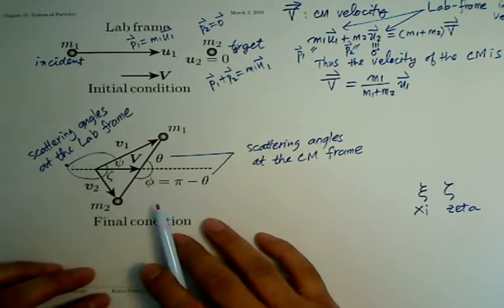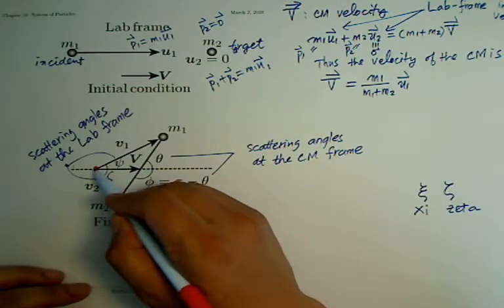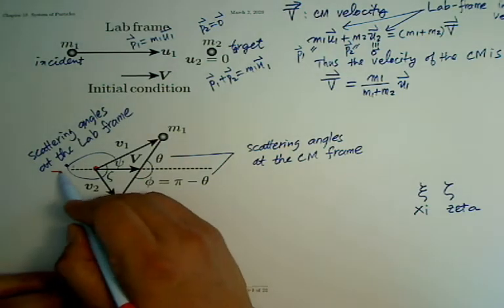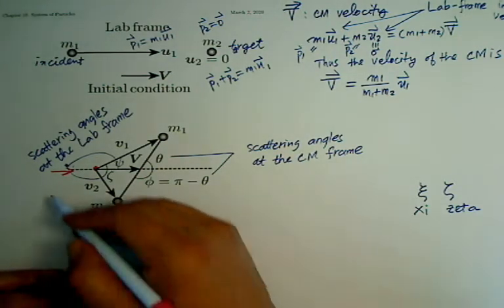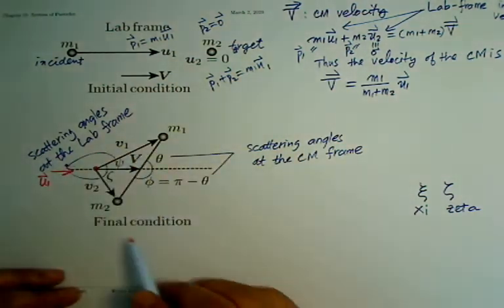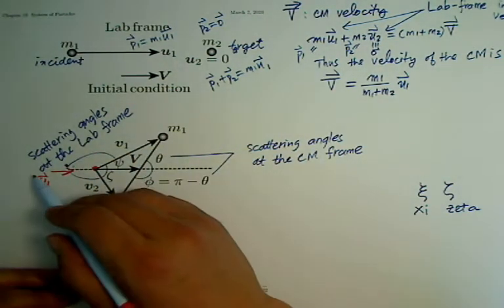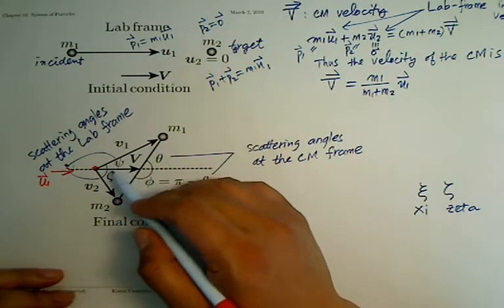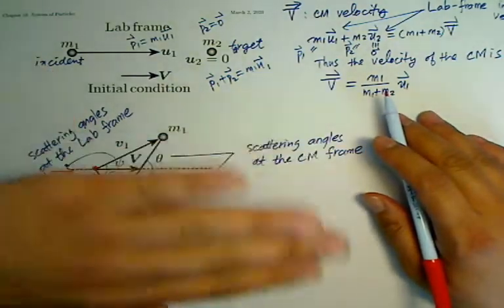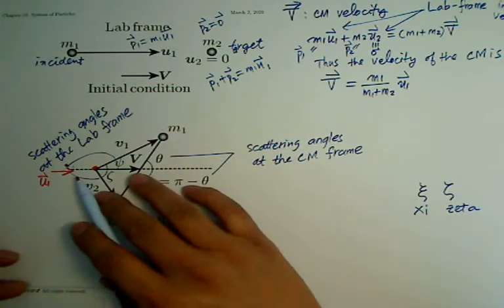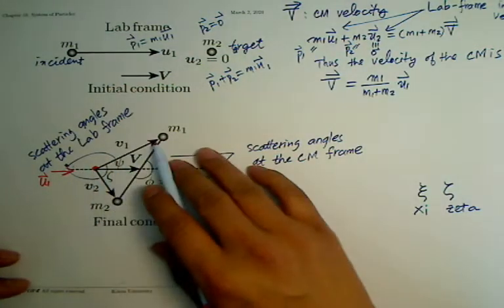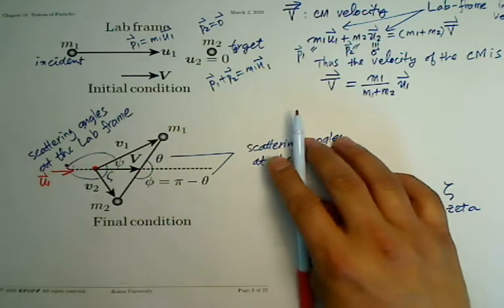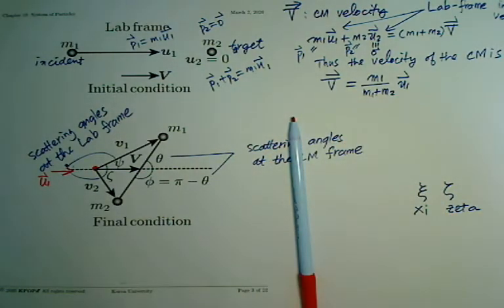This is the plot. At the lab frame, the target was at rest, and the initial incident particle is coming in with the u1 vector. And after it hits the target, the incident particle moves upward. Sure, it can go downward, but we can always rotate the surface to put the scattered incident particle moving upward. The collision of the two-particle system always happens on a single two-dimensional plane.